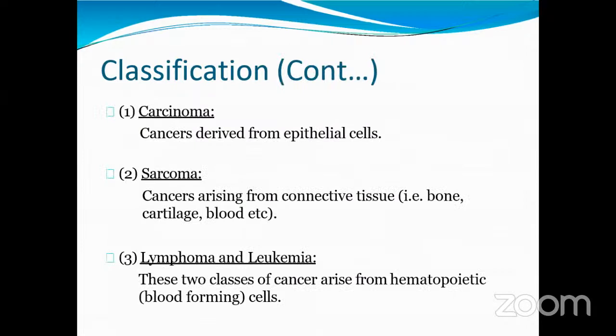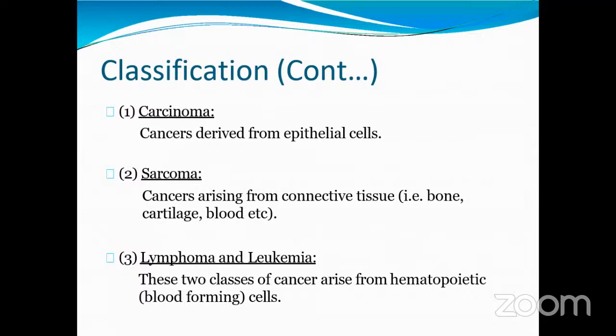So what are carcinomas? They are the cancers derived from epithelial cells. Based on the origin from where they are coming, the classification is given. If epithelial cells give rise to cancers, you get the name carcinoma at the end of the cancer name.